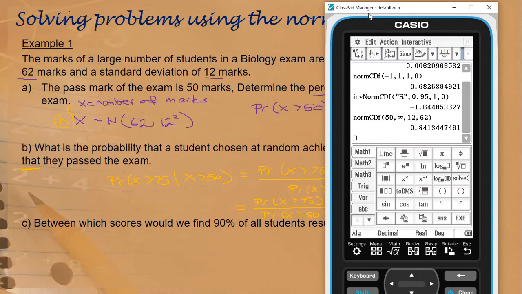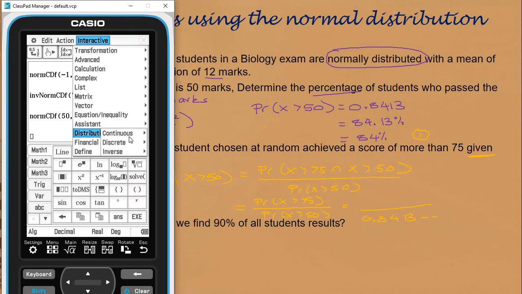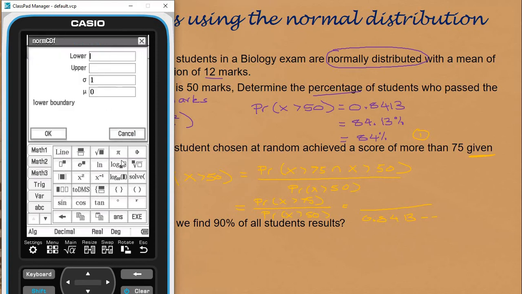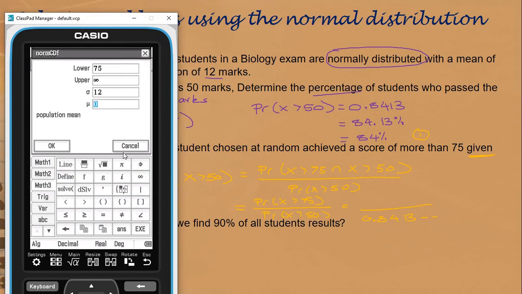X bigger than 75, we can work that out. Interactive, distribution, continuous, normal CDF. Our lower is 75 this time. Our upper is still infinity. Our standard deviation is 12, and our mean is 62.